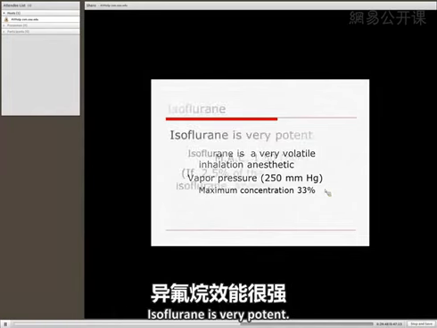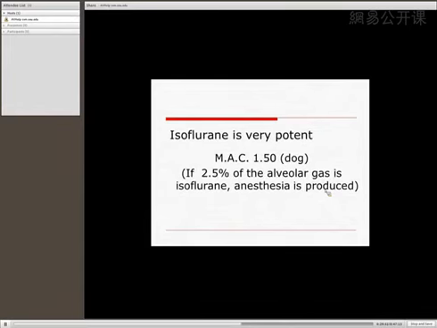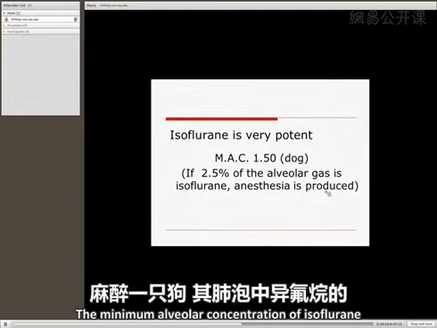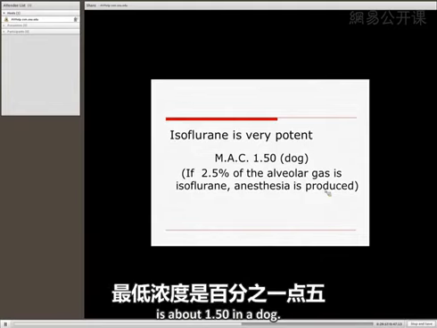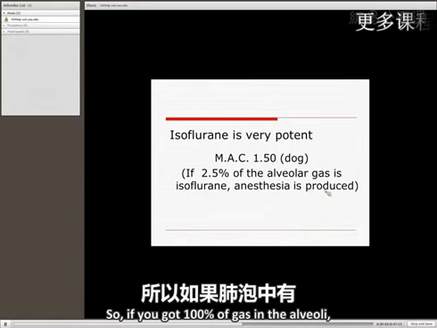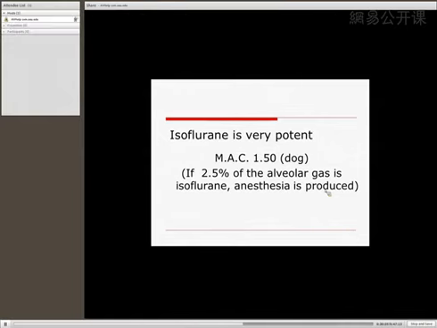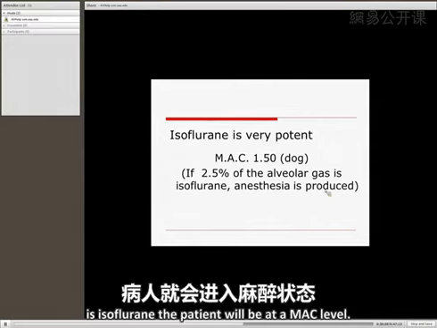Isoflurane is pretty potent. The minimum alveolar concentration of isoflurane is about 1.5 in a dog. So if you have 100% of gas in the alveoli, if 1.5% of that gas in an alveolus is isoflurane, the patient will be at a MAC level.